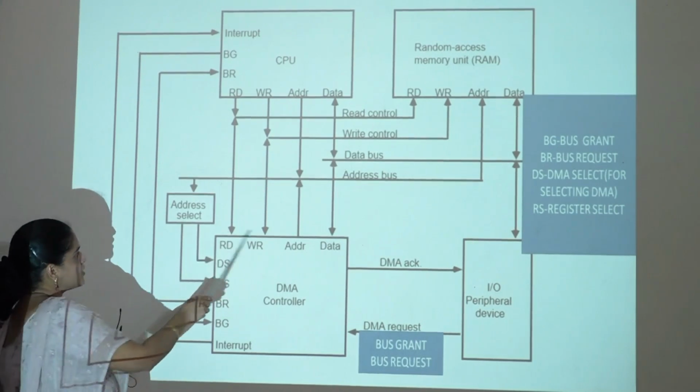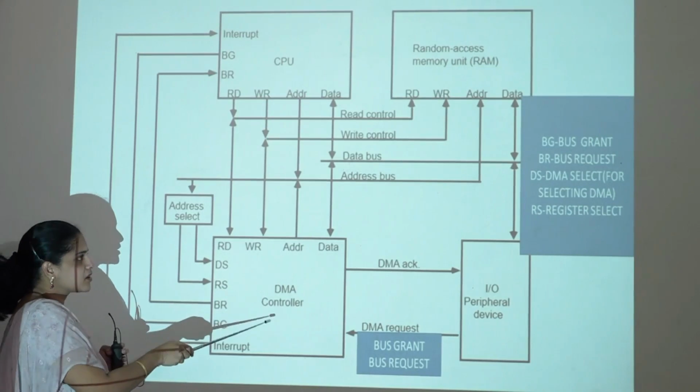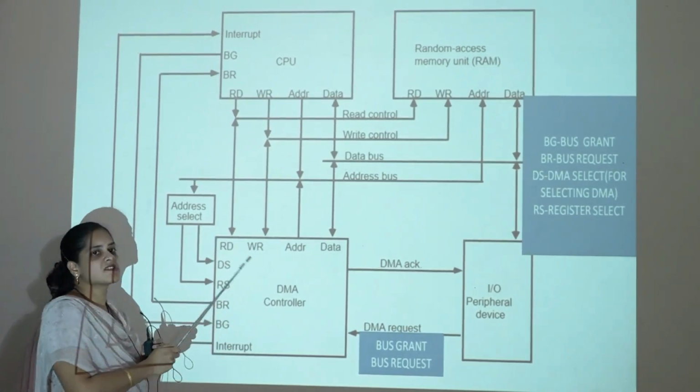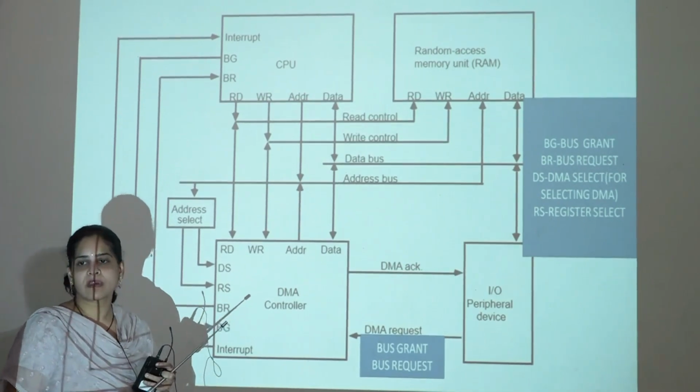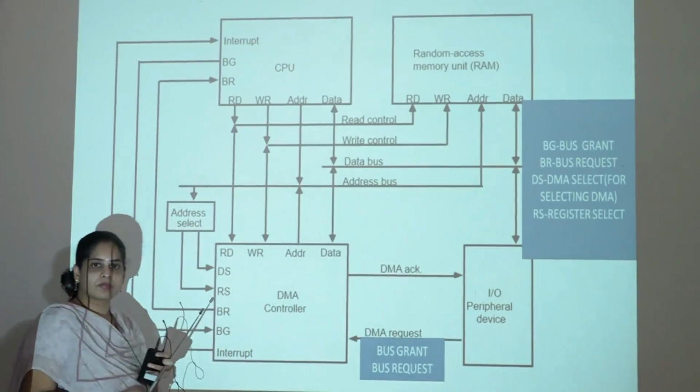So here the main role in the DMA is the role of a DMA controller. Without using a CPU, here we are using a DMA controller that is responsible for performing a data transfer between the memory unit of a computer as well as the input output devices.